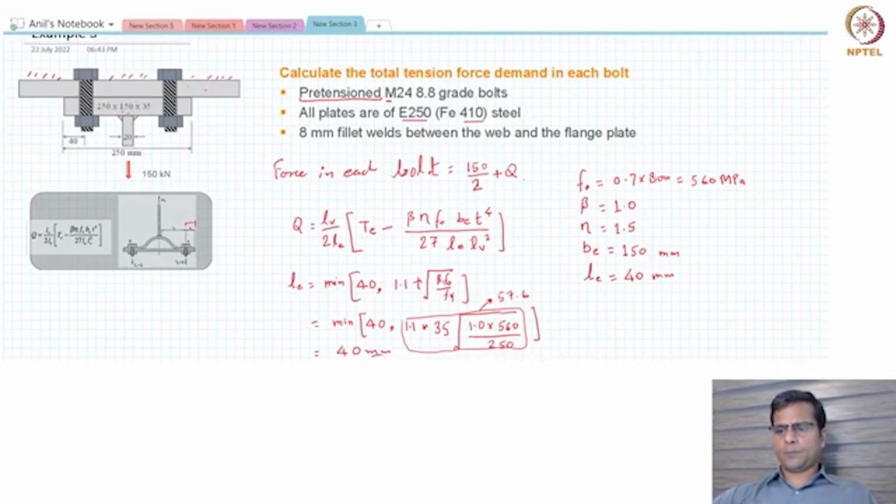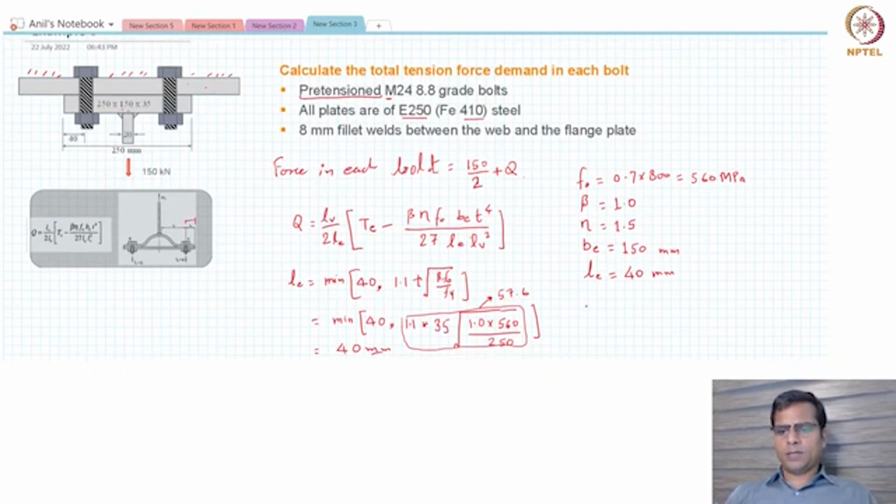LV is relatively straightforward in comparison to LE. LV is the distance from the edge of the fillet to the center of the bolt, which is easy to calculate. We know the distance from the center of this plate to the center of the bolt. The total distance was 250. Half of that is 125. This distance is 40, which means this distance is also 40.